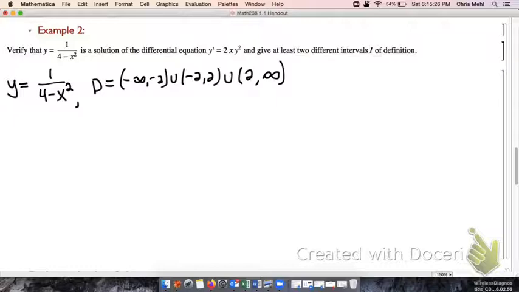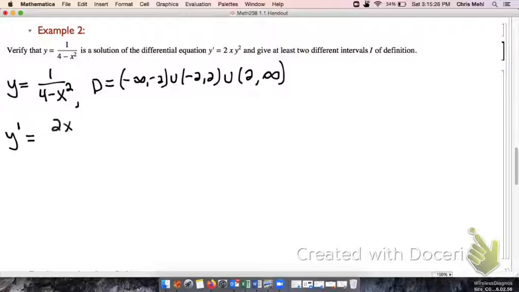Now, I can look at y prime. However you want to do this, you can use the quotient rule, or you can rewrite it with negative exponents and use the chain rule. The derivative would be low d high minus high d low over low squared.